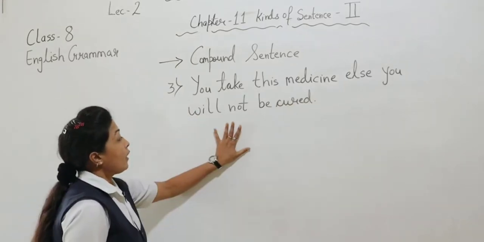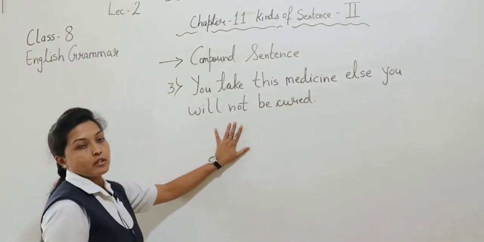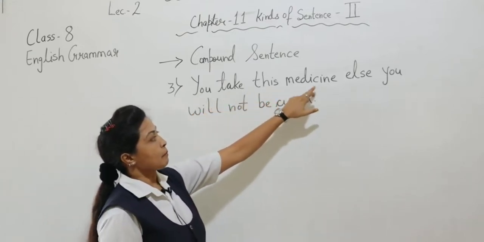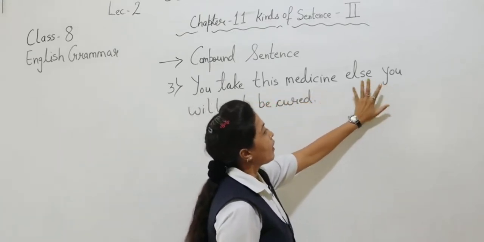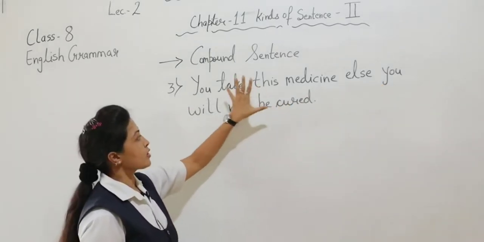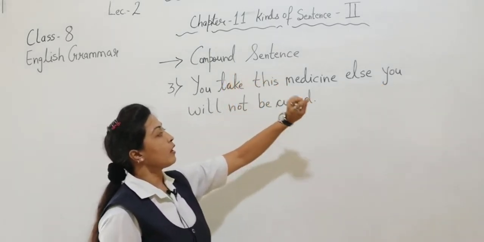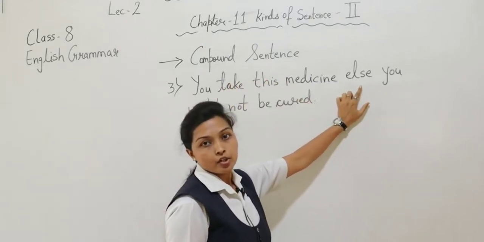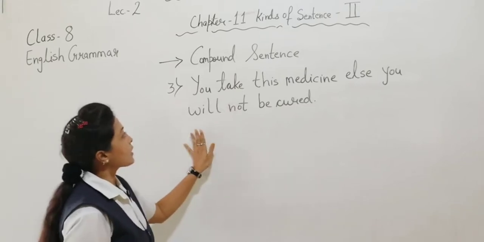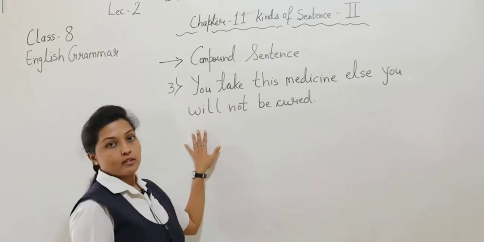So in this sentence, we can see 2 parts. You take this medicine, you will not be cured. These 2 parts are joined by a coordinate conjunction, it's else. So it's a compound sentence.